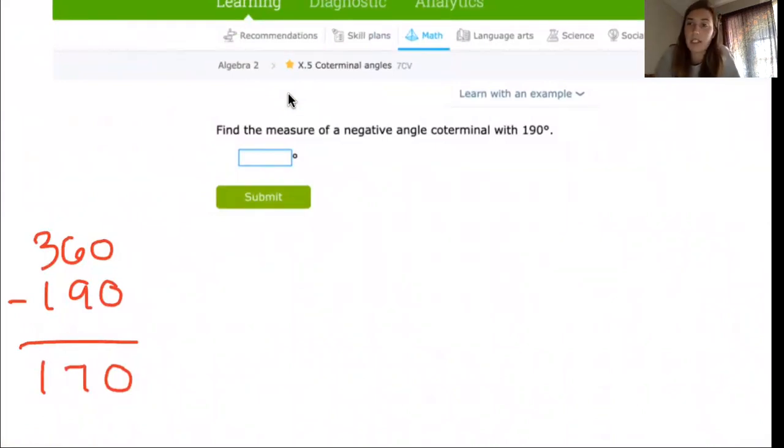As we just saw, you can represent an angle as a positive or as a negative. So the coterminal angle is just representing it as the opposite of what it was. So I could express 190 as positive 190, or it could also be negative 170 degrees. And I'll show you how we see that.